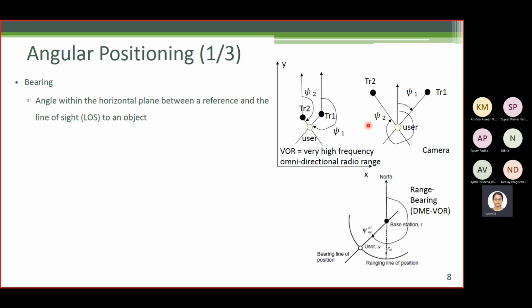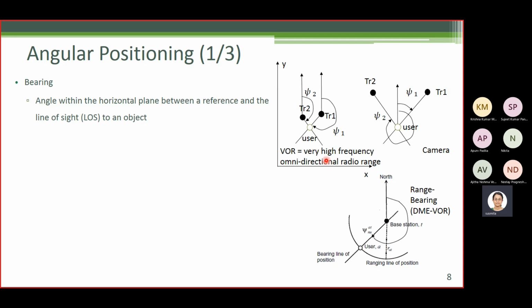Now we can also have the reference direction chosen at the user, which is shown here. In this case, for this transmitter, this is the bearing psi 1, and for this transmitter TR2, this is the bearing psi 2. An example of the design where the reference directions are chosen at the transmitters is VOR, very high frequency omnidirectional radio range.